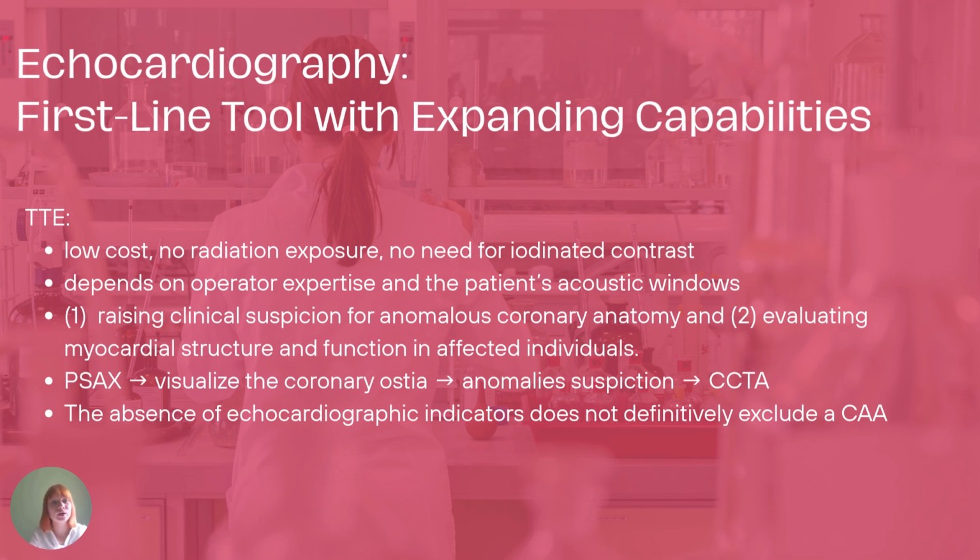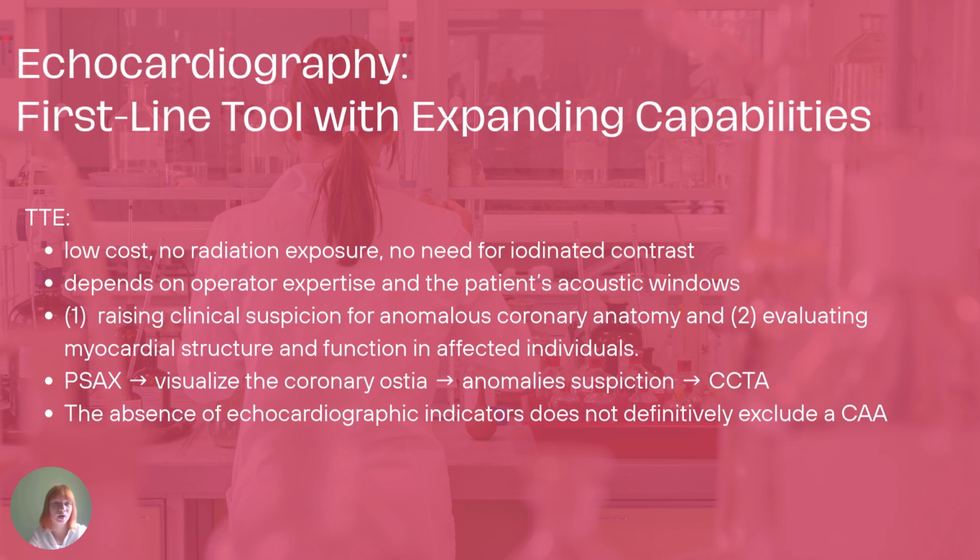Next one, echocardiography, which is a first line tool that could be even described as a screening tool with low cost, no radiation exposure, and no need for iodinated contrast. However, it depends on the expertise of the operator and also the patient's anatomy, the patient's acoustic windows.